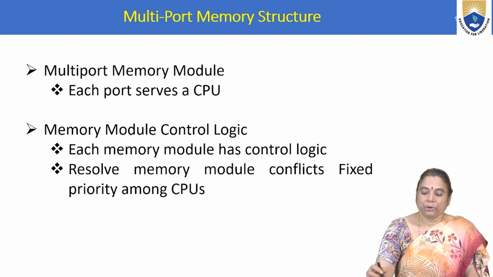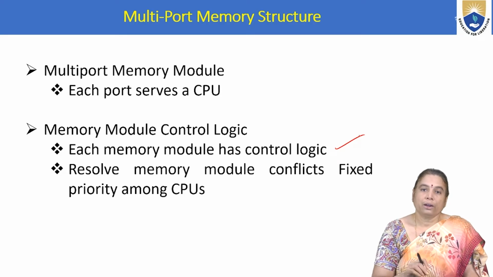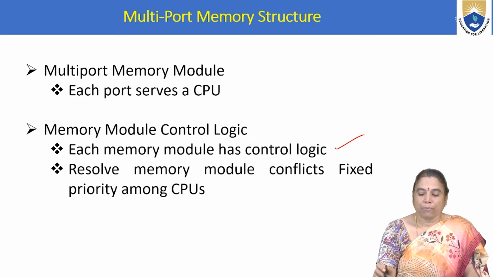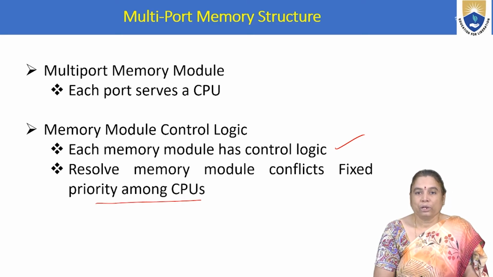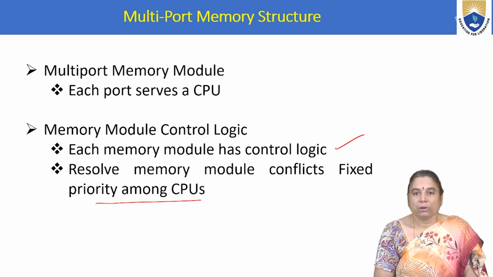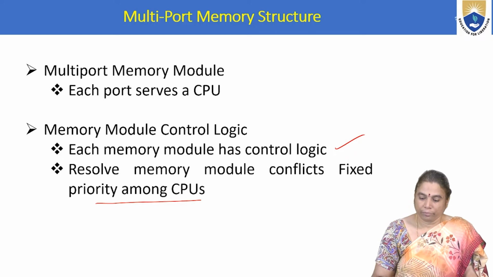Each memory module has control logic in order to arbitrate which module is to be involved in the communication and to resolve memory module conflicts, with fixed priority among the CPUs. So the memory module can have a fixed priority so that the conflict among the communications of memory modules can be resolved.